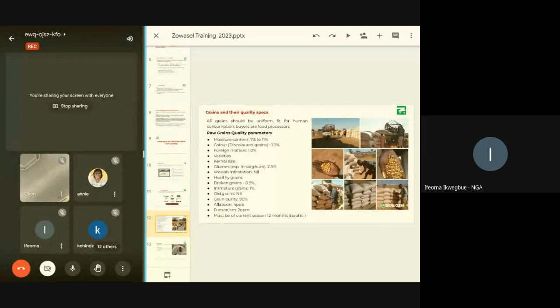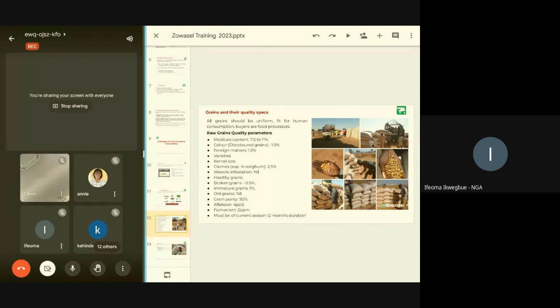Now it's also very important for us to know that now that we're entering almost the bumper harvest season, there might be old grains available. So suppliers might be tempted to mix old grains with new grains. Please, old grains have reduced quality.